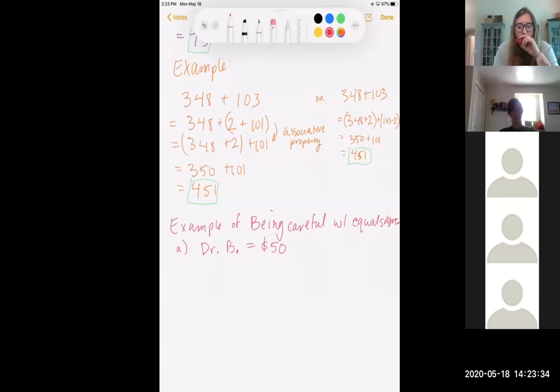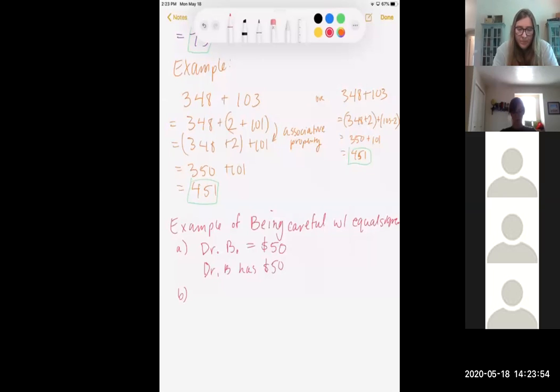No, because the two things aren't the same value. So we need to make sure that we don't say I am equal to $50. We have to say something like, Dr. B has $50. Okay.